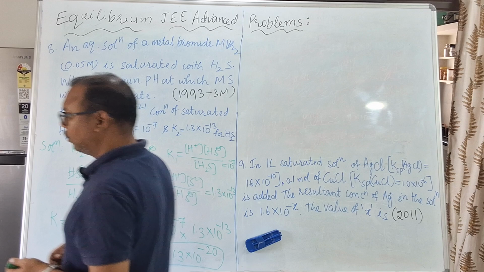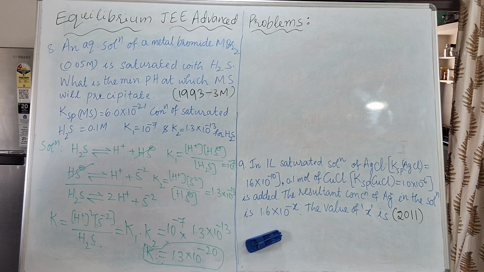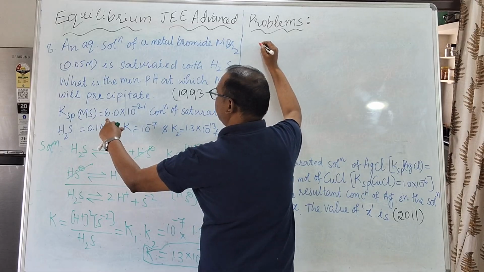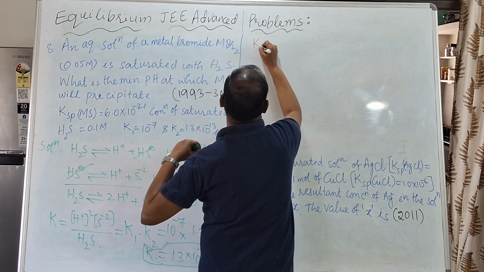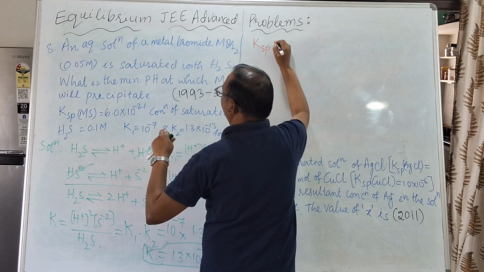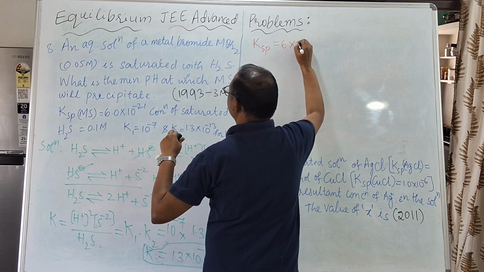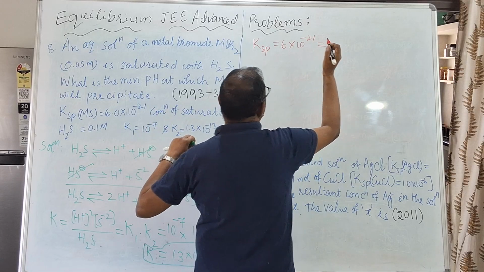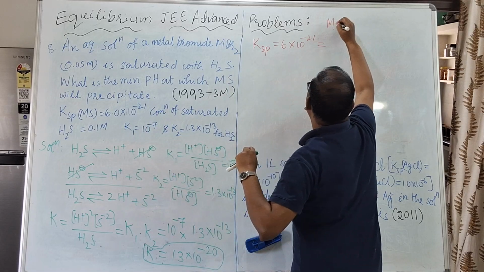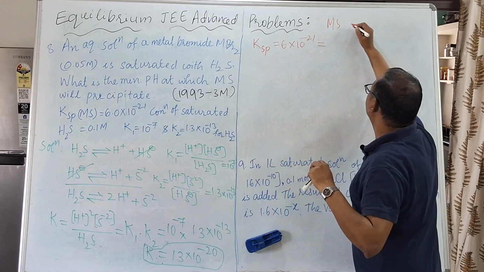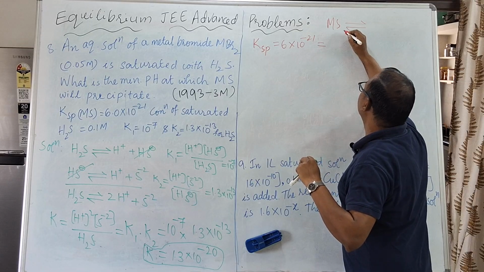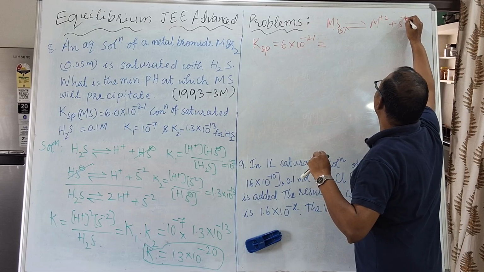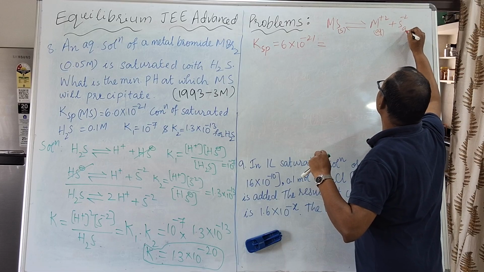Therefore, we take Ksp, 6 into 10 power minus 21, equal to the concentration of MS. MS solid dissociates into M plus 2 plus S minus 2 aqueous.